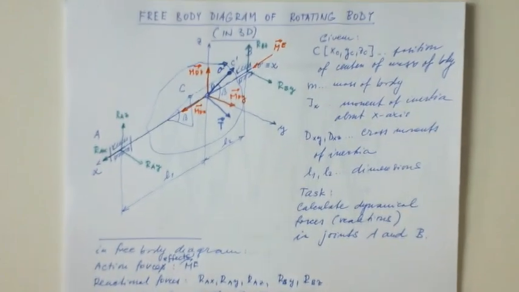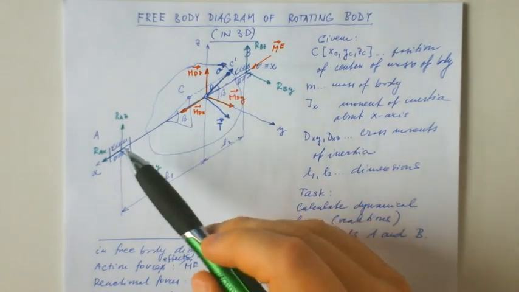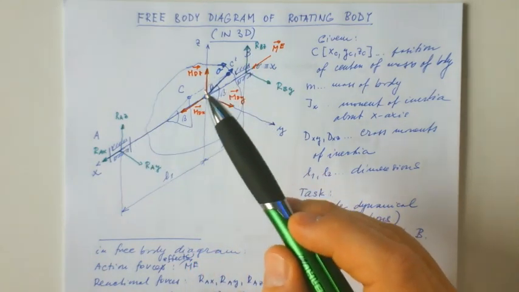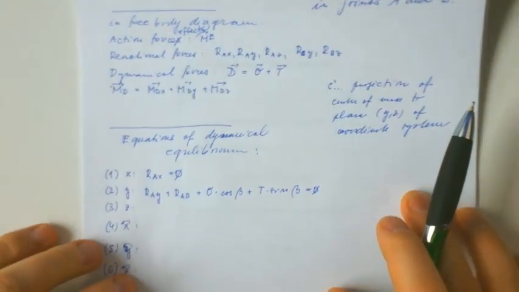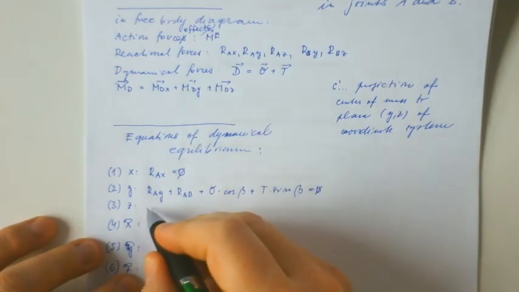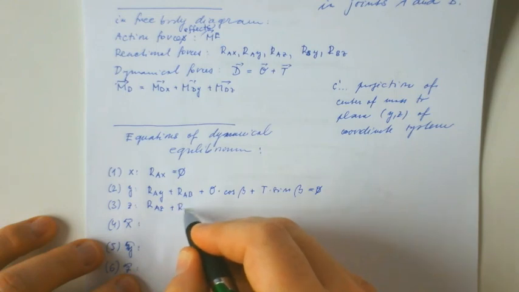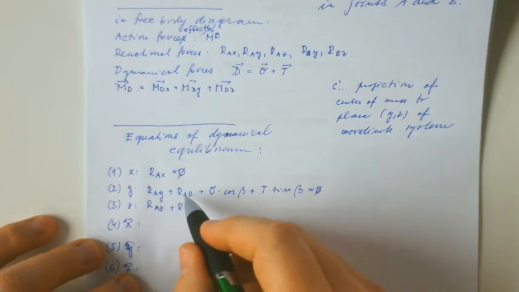What about z direction? There is RAZ, RBZ, and Z components of O and T forces. So I can write that it is RAZ plus RBZ. There is a mistake, so it's RAY.